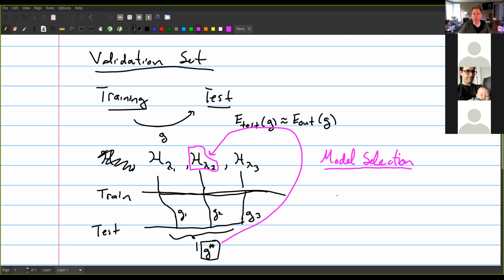But the problem is that we're kind of abusing the test set. The test set is not really supposed to be for that purpose. The purpose of the test set is to estimate the out of sample error of our best hypothesis. And the quality of this estimate relies on the fact that we're only putting in one hypothesis here.